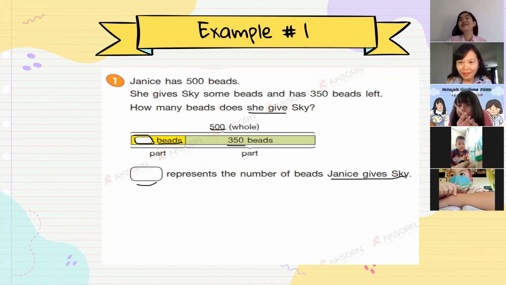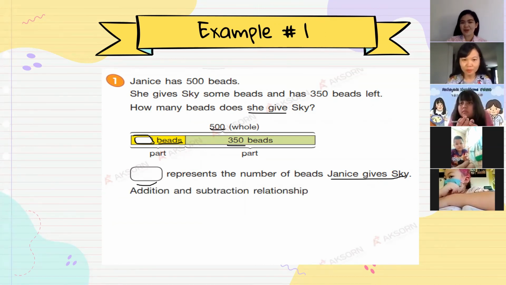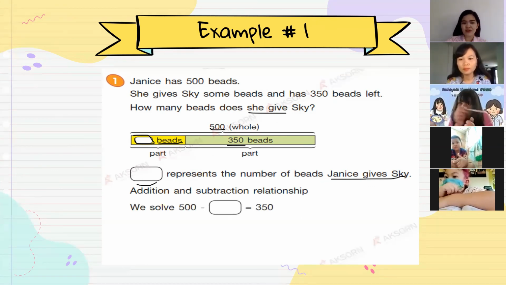150. Okay, so let's check if it is correct. This is the relationship between addition and subtraction. So we're going to add and subtract. Let's solve. We solve 500 minus blank equals 350.